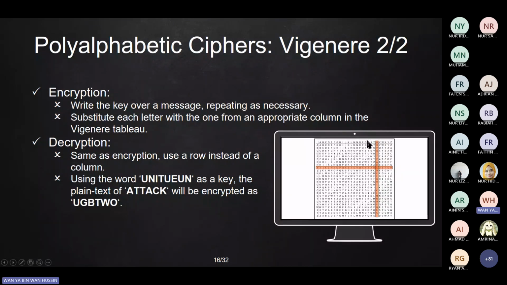You can change this to plain text and this to key. It's still the same. However, you need to be careful. Always maintain your table. If you use this as plain text, when you decrypt, use this as plain text.